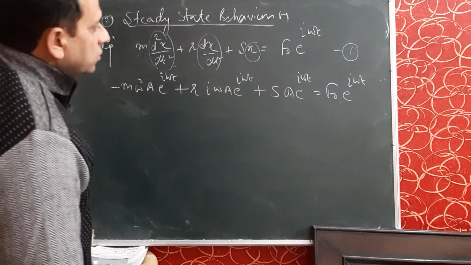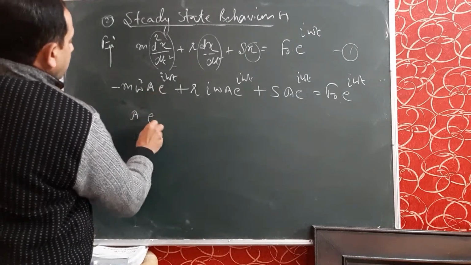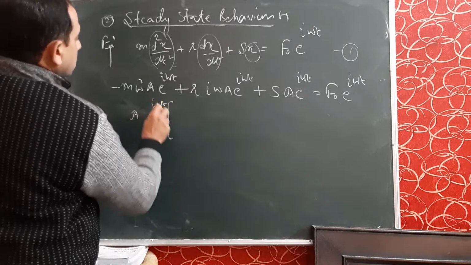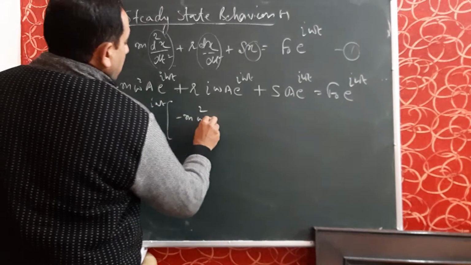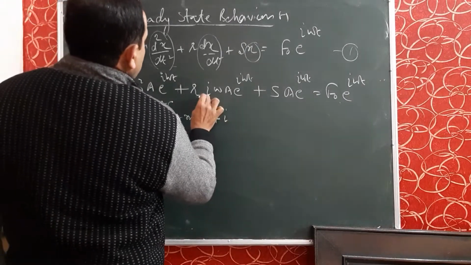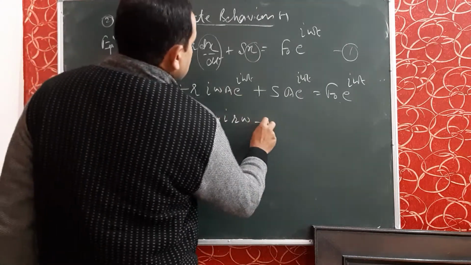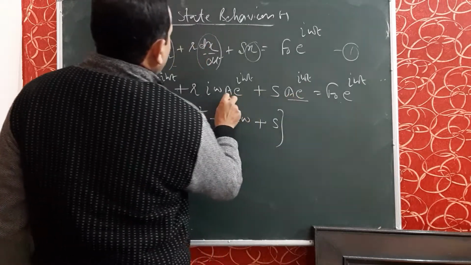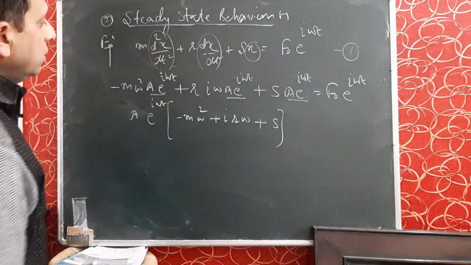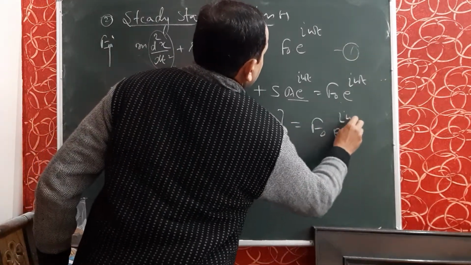Now, we will simplify this equation. Taking common, a e power iota omega t is common on the left hand side. It is minus m omega square plus iota r omega plus s. On the right hand side it is f naught e power iota omega t.